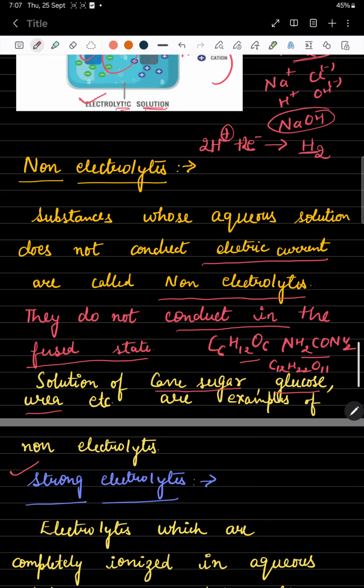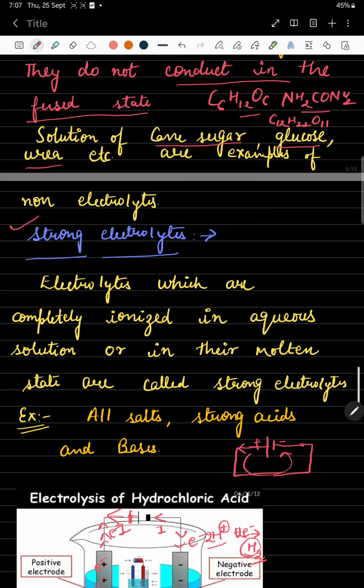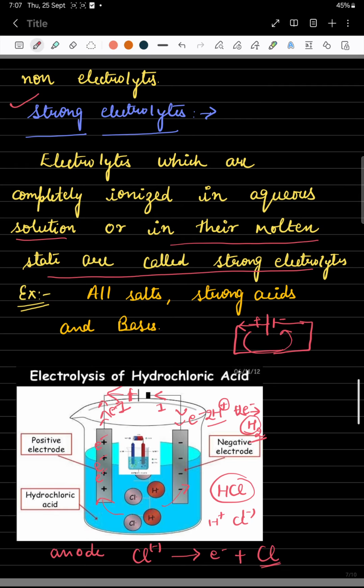Now, what are strong electrolytes? Electrolytes which are completely ionized in aqueous solution or in their molten state are strong electrolytes.